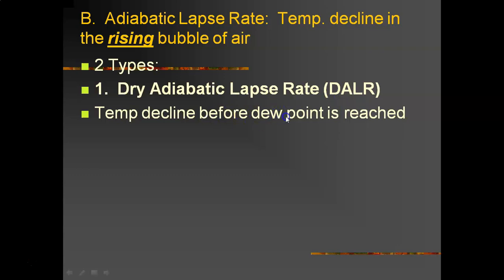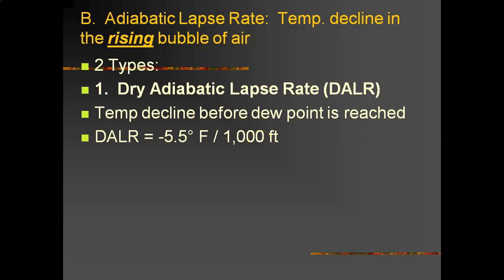It's the rate of temperature decline before dew point is reached. This is a standard worldwide rate based on air pressure. Once the bubble lifts off the ground and rises 1,000 feet in the troposphere, it's going to decline 5.5 degrees for every 1,000 feet it rises until we reach 100% relative humidity.